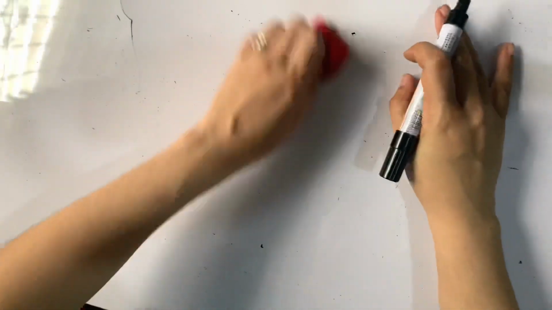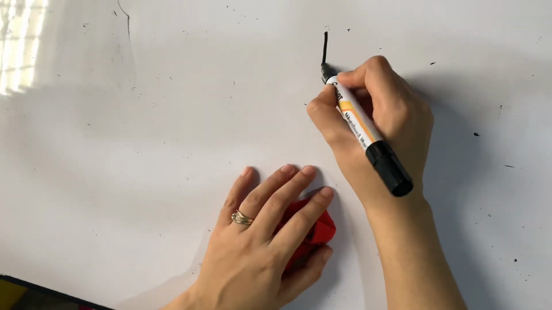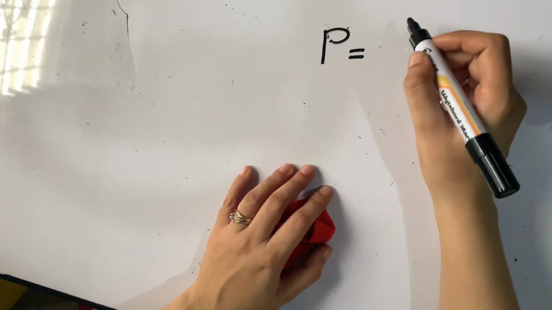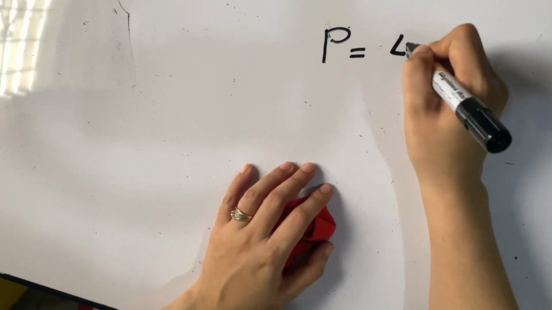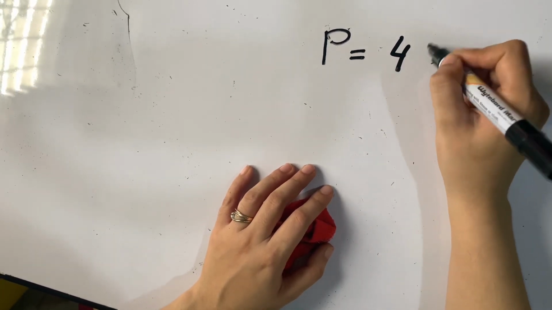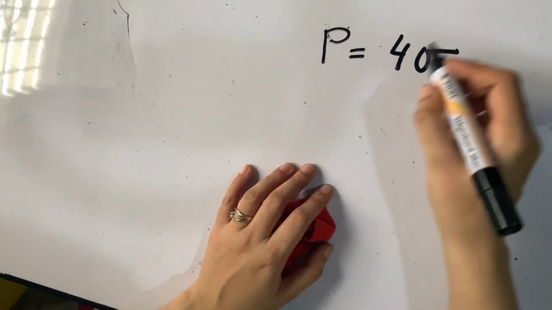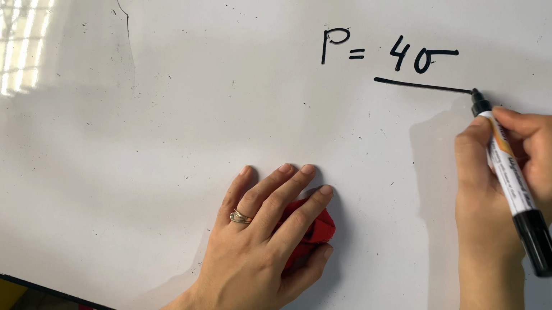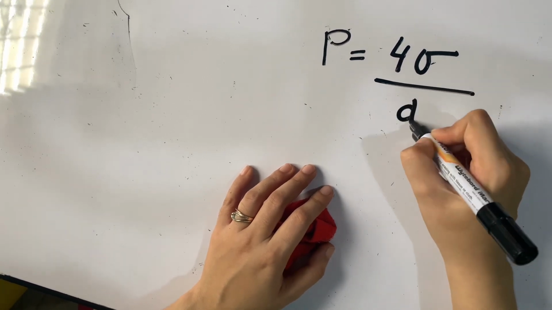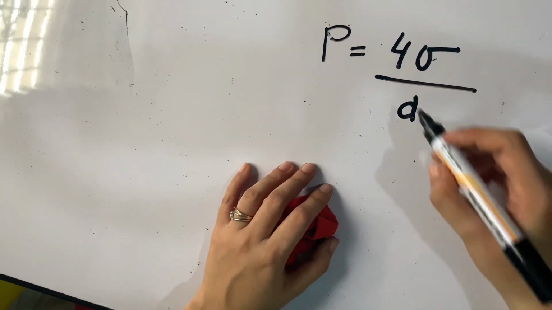Now, class, take note that the formula to get the pressure inside the droplet of liquid is equal to 4 times the surface tension all over the diameter of the droplet.